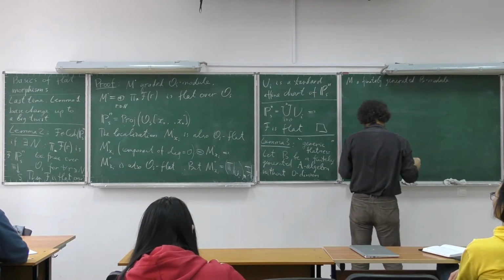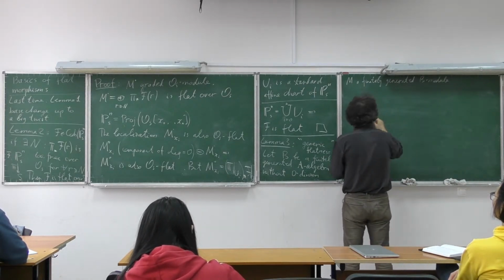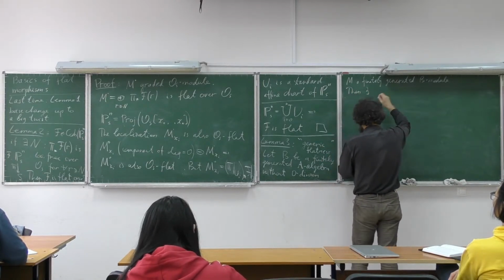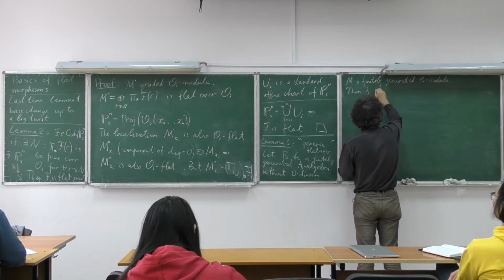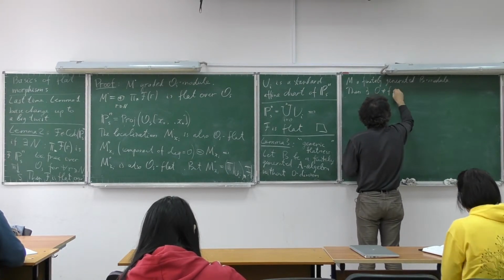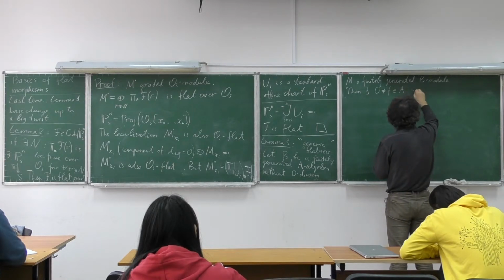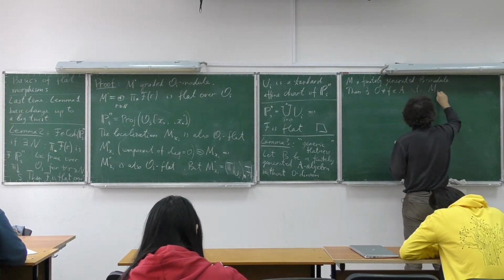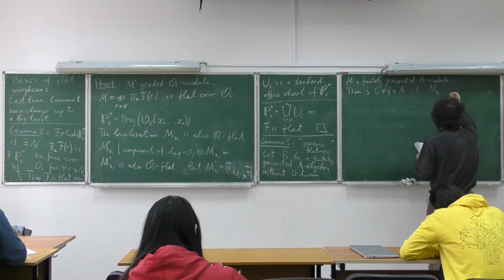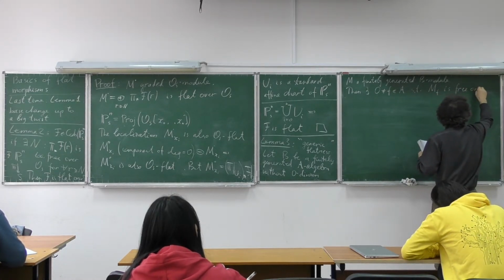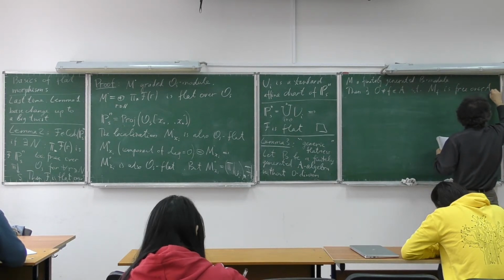Okay. Then there exists a non-zero element of our ground ring A, such that if we localize with respect to this element, then the localized module is free over the localized ring, and in particular flat.